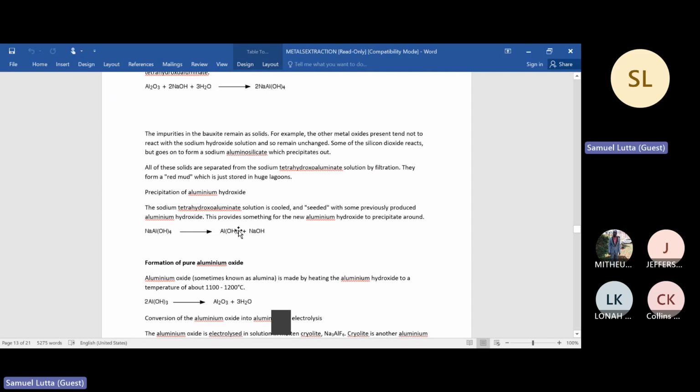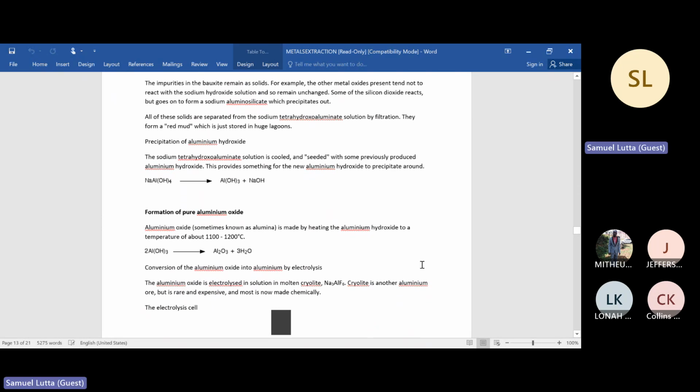And then again, because we know solids don't conduct electricity, this compound is heated to very high temperatures, between 1100 and 1200 degrees Celsius.